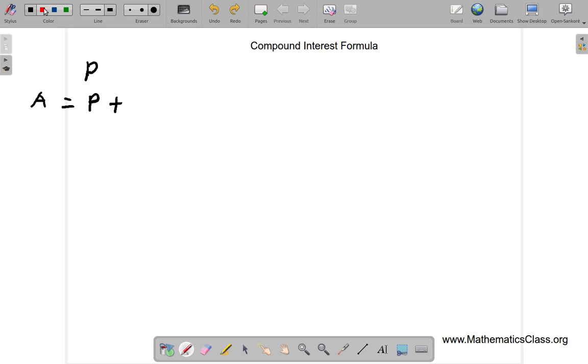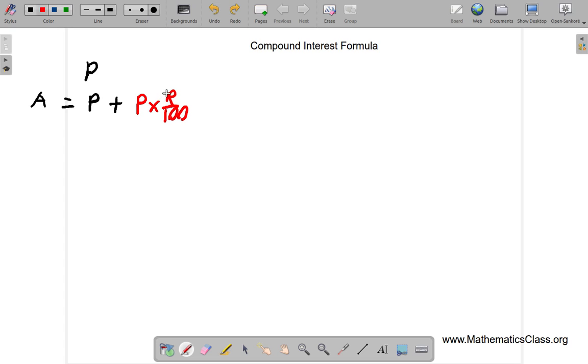Now that interest you receive is calculated by taking that P multiplied by the rate of interest, which we call R, divided by 100, the rate in percentage.